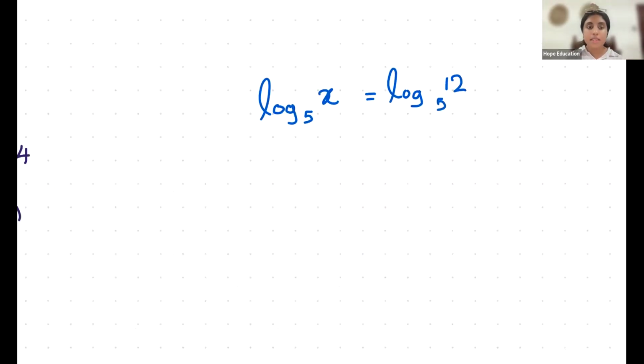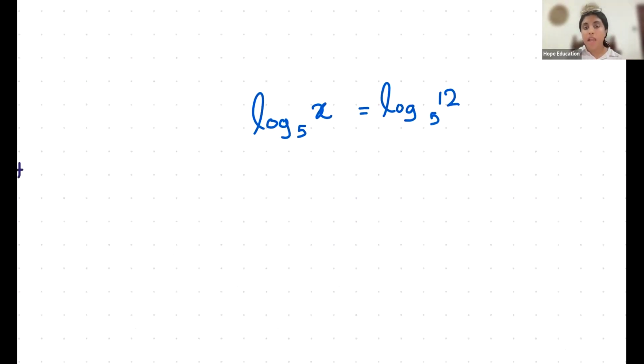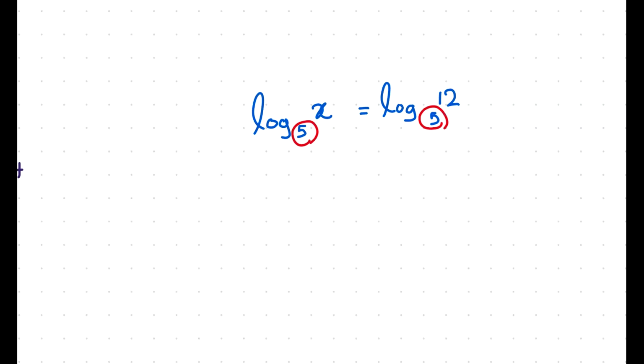Now here can you see that the base is the same. This base is 5, this base is 5. If the bases are equal, the number, this x, automatically becomes equal to 12. If the bases are equal, the two numbers automatically become equal. So x will be equal to 12.